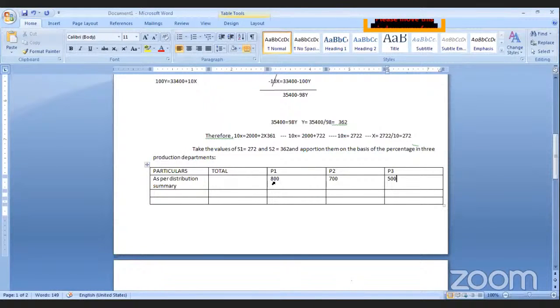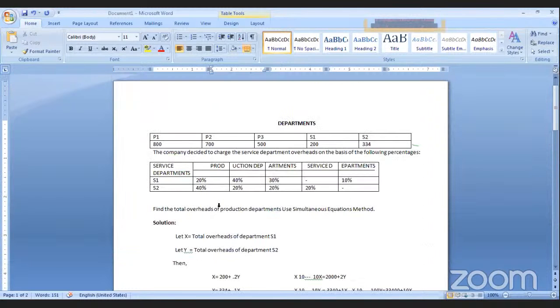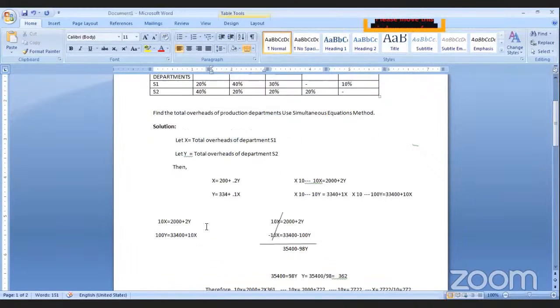The total of these 3: 8 plus 7 is 15, 15 plus 5 is 20, that is 2000. Okay. Now S1 we have to allot. See how we are going to allot S1. Now you check, the S1 value is 272. How much is given in the problem for the first one? 20%. 272 into 20%.